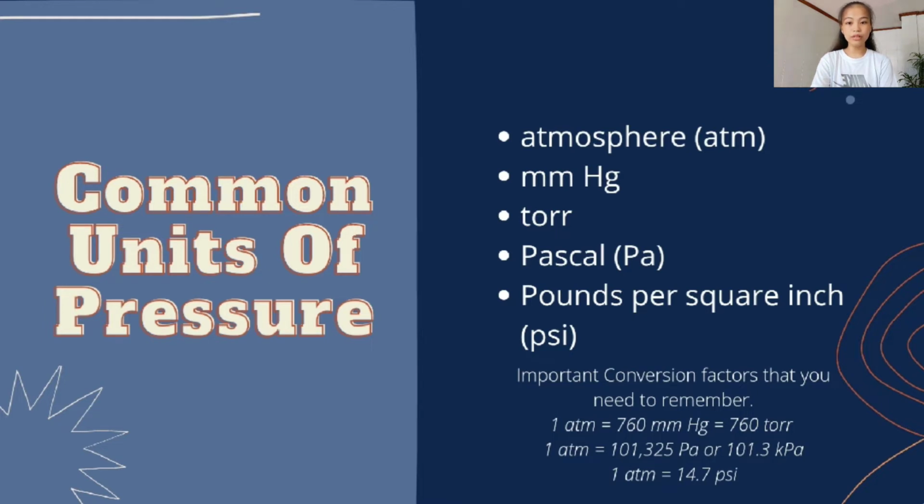For this slide, we included the important conversion factors that we need to remember. 1 atmosphere equals 760 millimeters of mercury equals 760 torr. 1 atmosphere equals 101,325 Pascal, or 101.3 kilopascal, and 1 atmosphere equals 14.7 pounds per square inch.